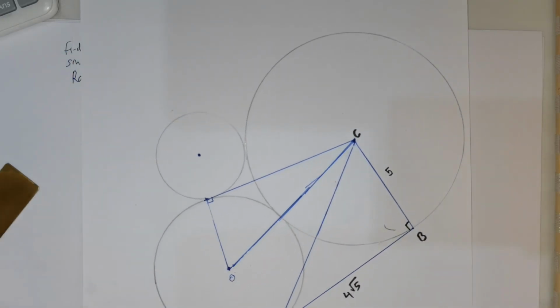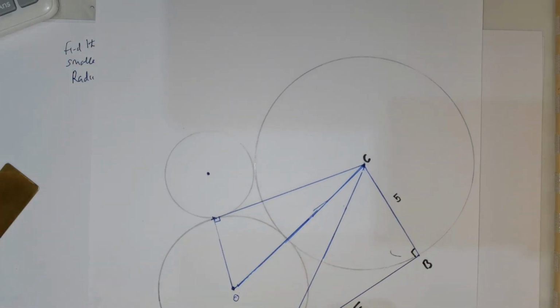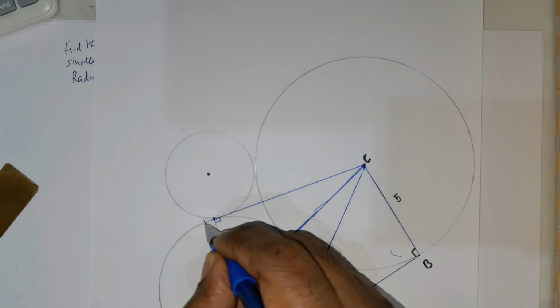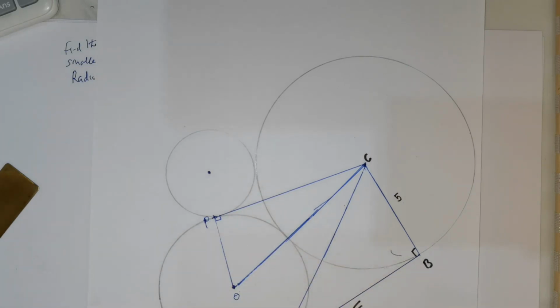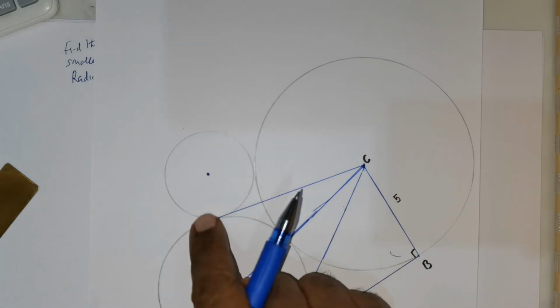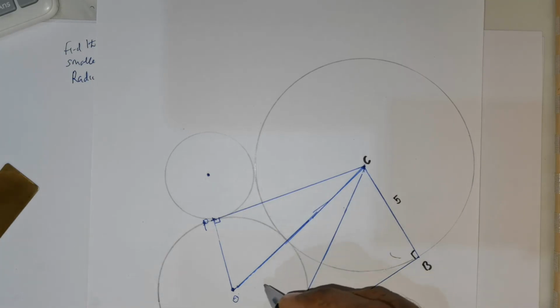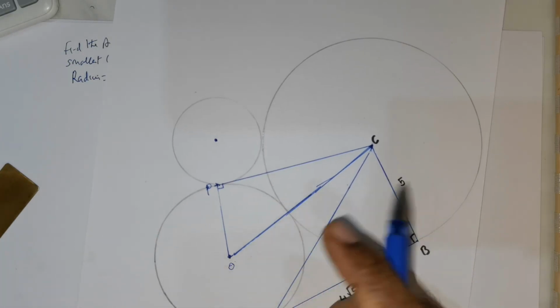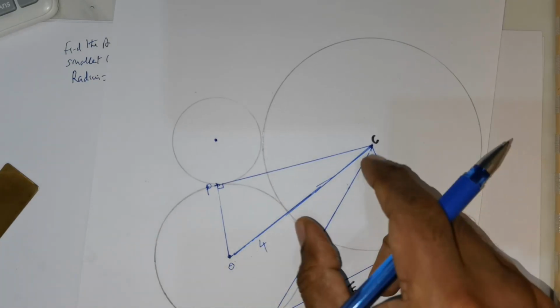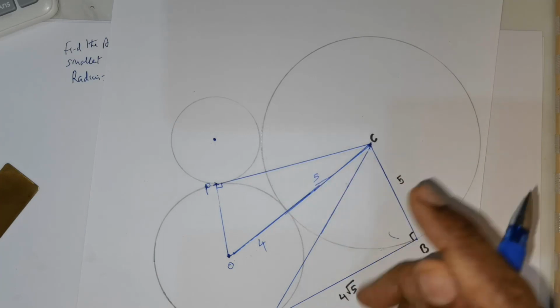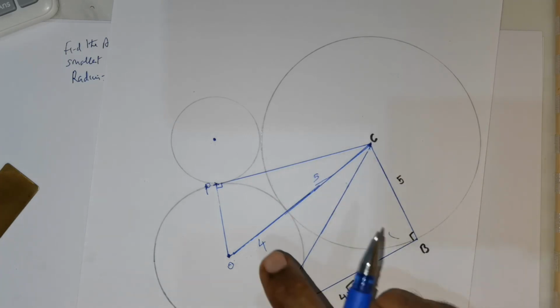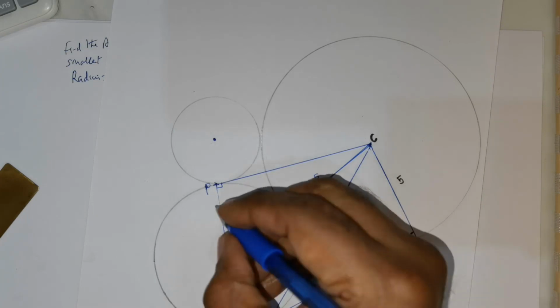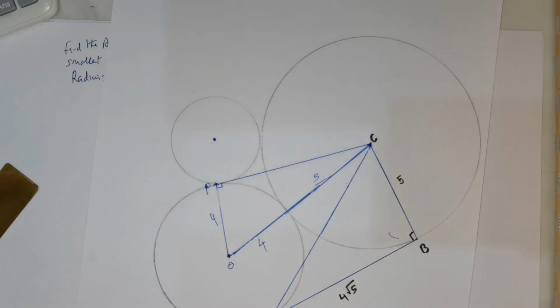So I have a right triangle. Let me take this point of contact as P. So OPC, now this distance is 4 units, this distance is 5 units, as given in the question. So this entire length is 9 units, this distance is 4 units.